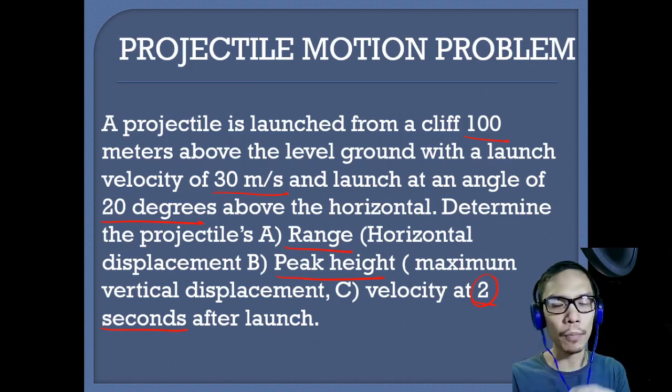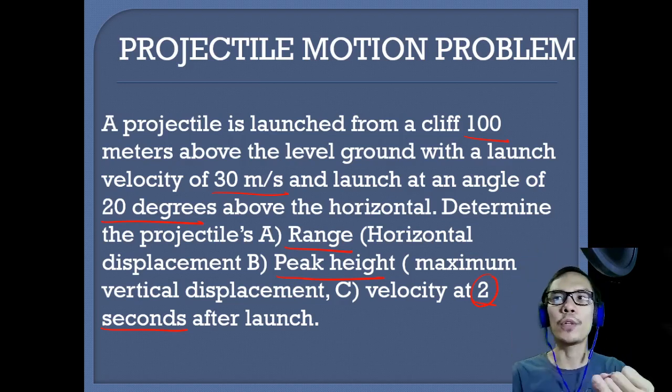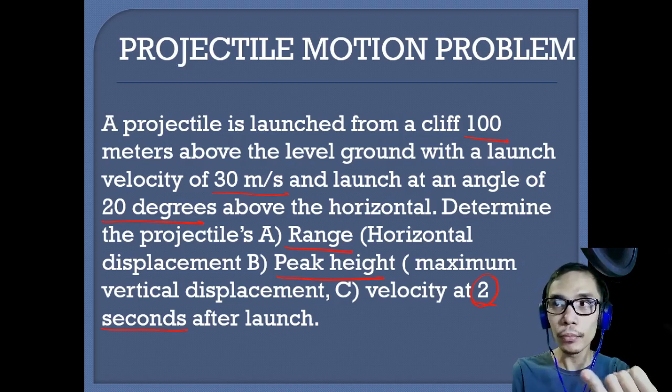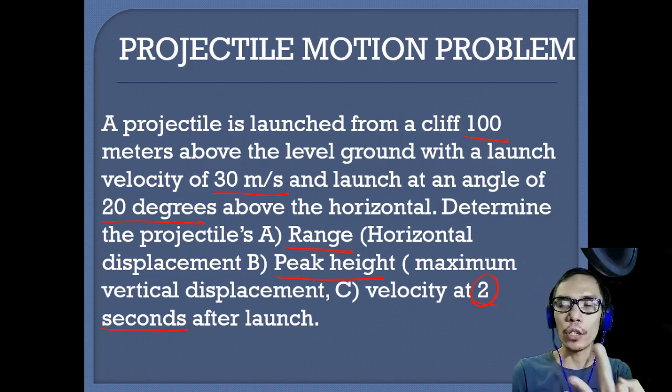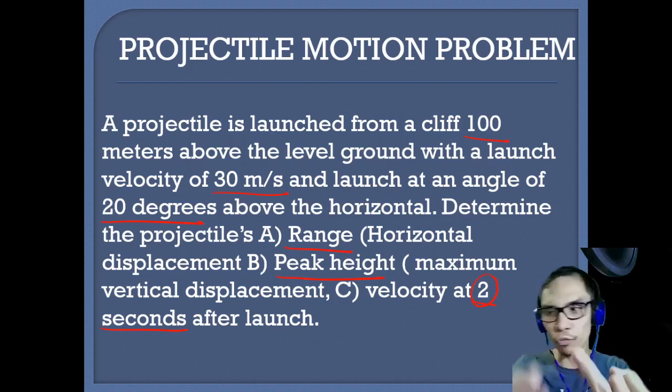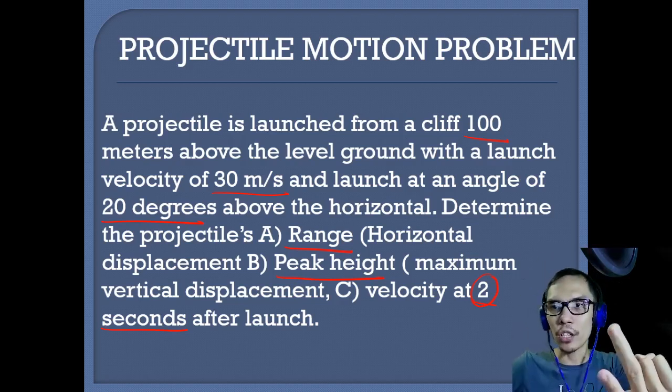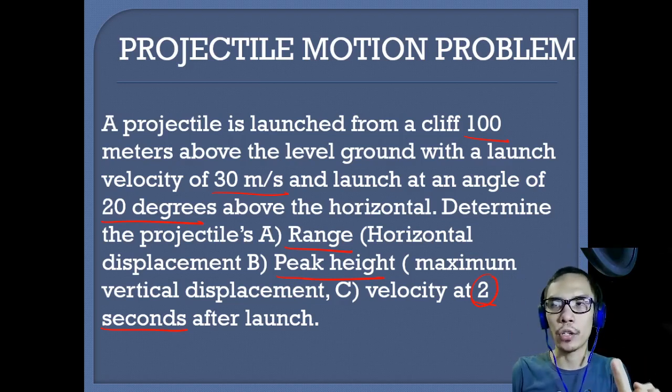So what makes this problem special? Number one, the object is launched at an angle. Number two, not only is it launched at an angle, it is launched from a cliff above level ground, and it will fall to the base of the cliff.